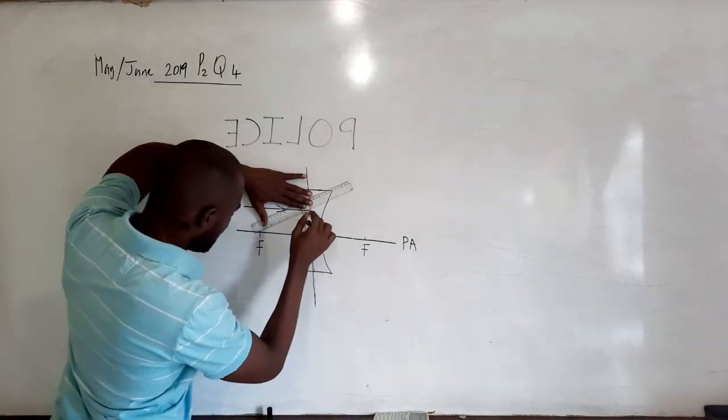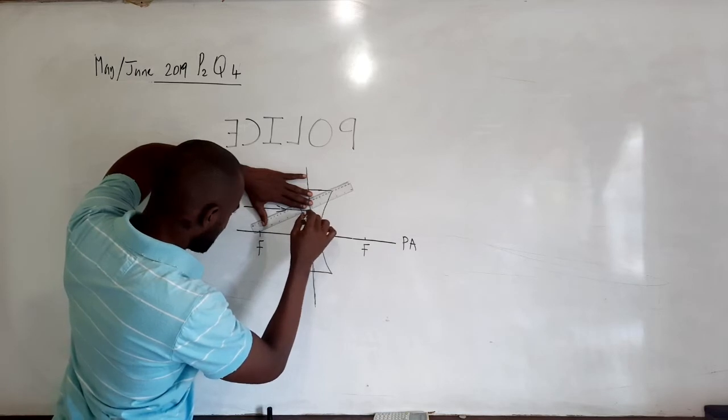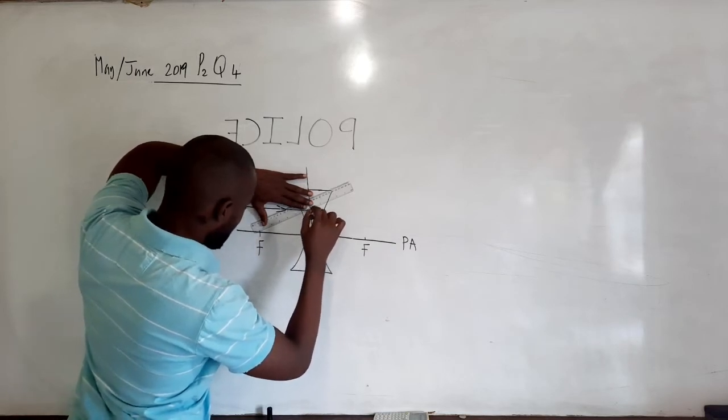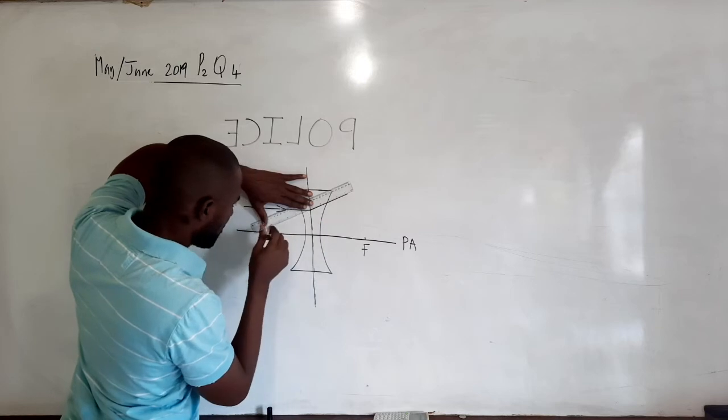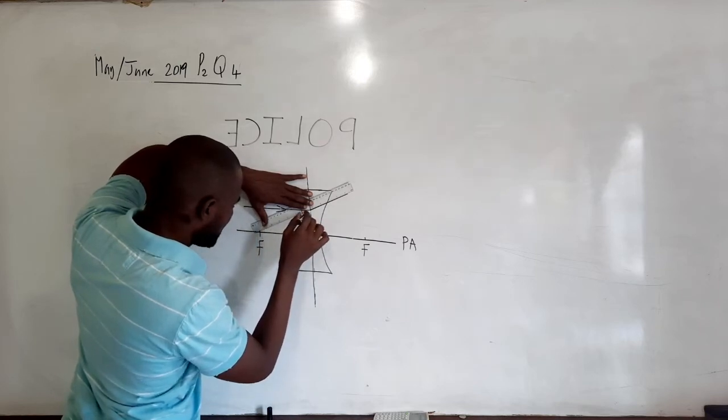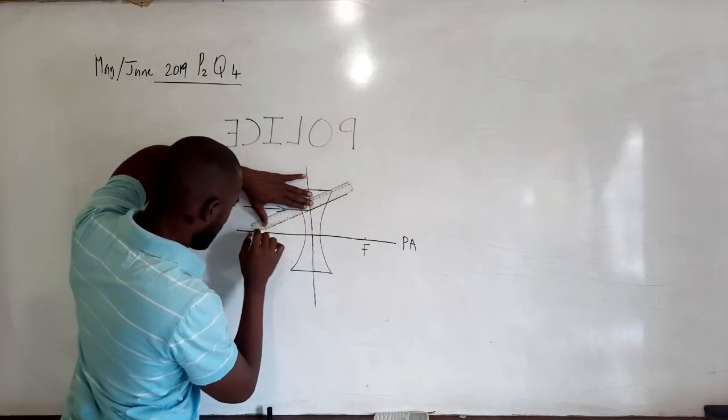So our light ray is going to be refracted, but it appears to come from the principal focus F, and so we extend a broken line back towards F.